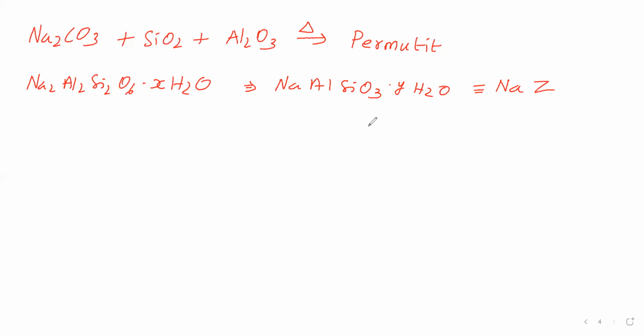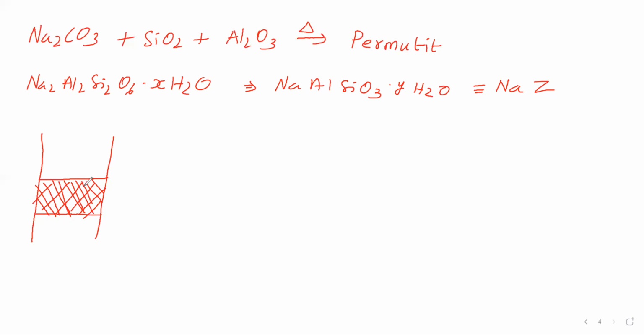Now we will take this permutit. We take a tank like this. Here permutit is packed. The permutit will be like rose red small pieces.